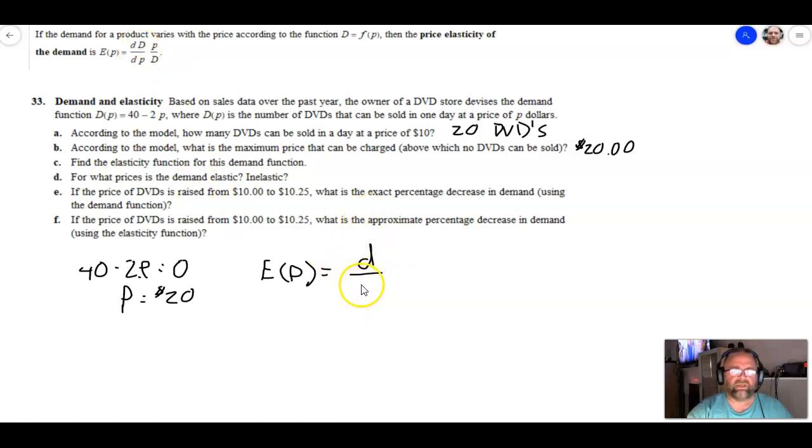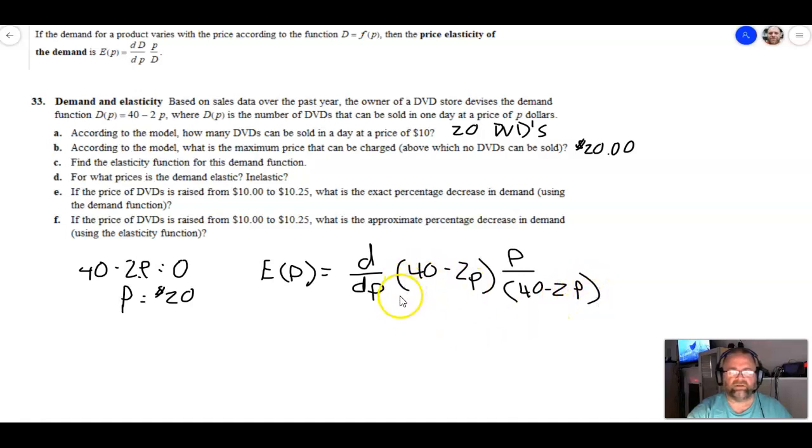This is really just rearranging a little bit: the derivative with respect to price, and then pull the D out of our demand function, which is 40 minus 2p, times the price, all over our demand function, which is 40 minus 2p.